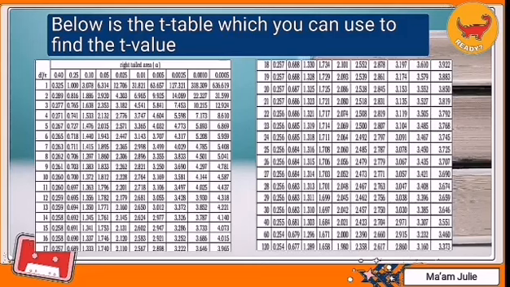And the 0.40 up to 0.005 here at the top, that is the area in the right tail of the distribution. And the numbers inside it, that is what we call t-values.